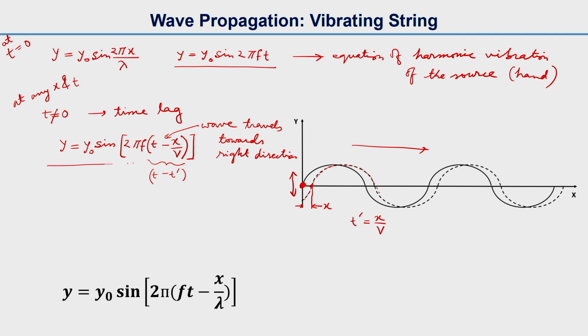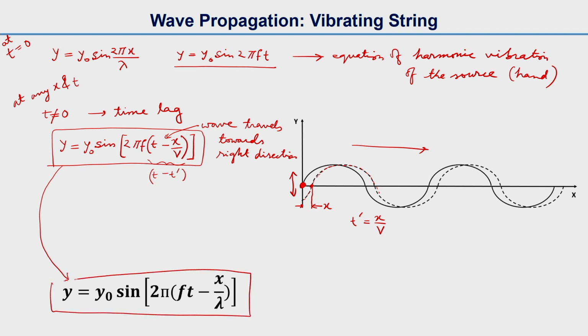This equation can be written in another form, this form. How can we do it? We know that v is equal to f lambda, and if you rearrange it, f by v, from here if you see, here we have f and v.